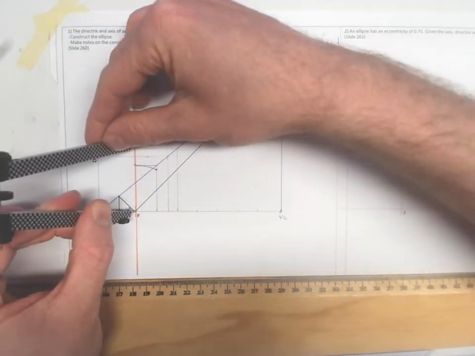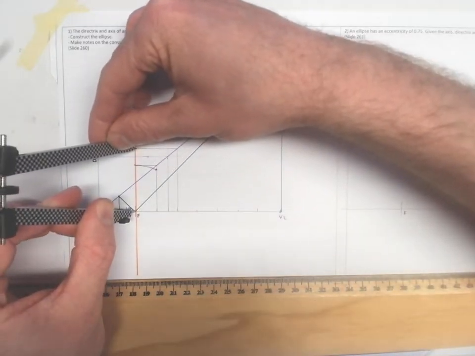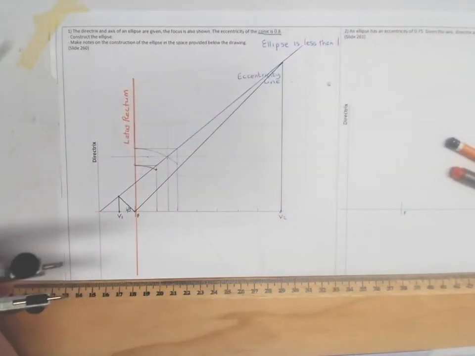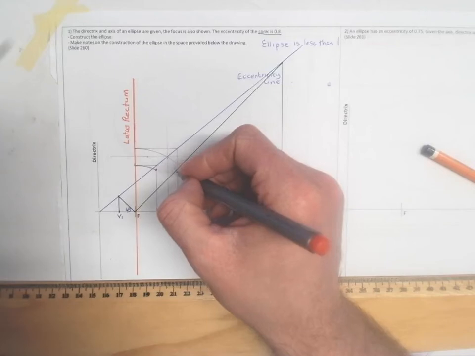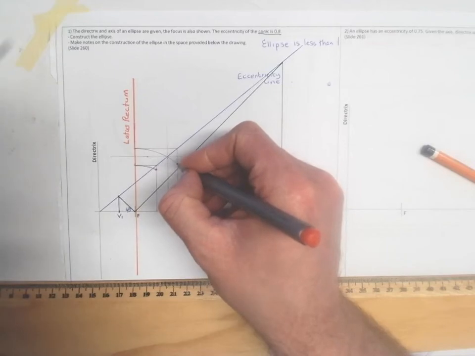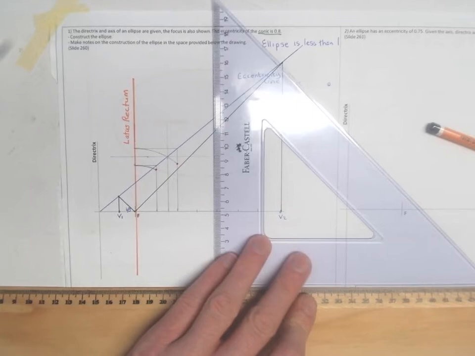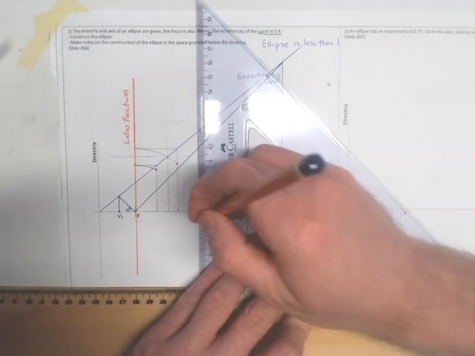Take that radius, swing it down. That will now be a point on the curve. Keep going. So start to speed up now that you have the actual method.